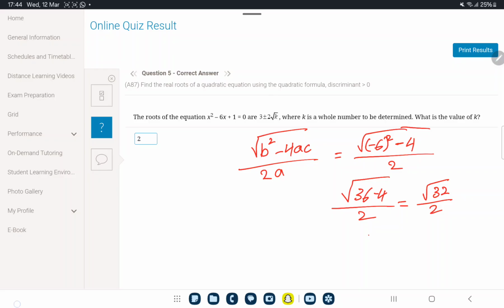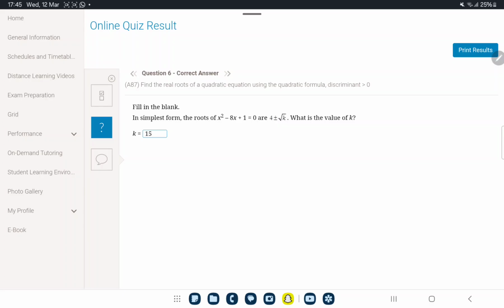You put it in your calculator, radical 32 divided by 2. You get 2 radical 2. 2 radical k. K is 2.